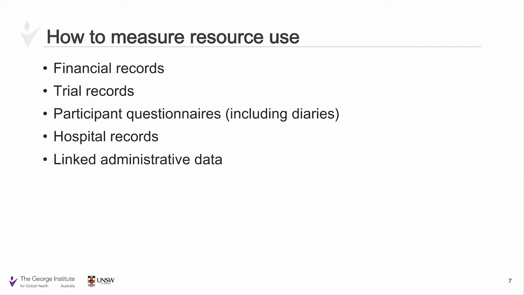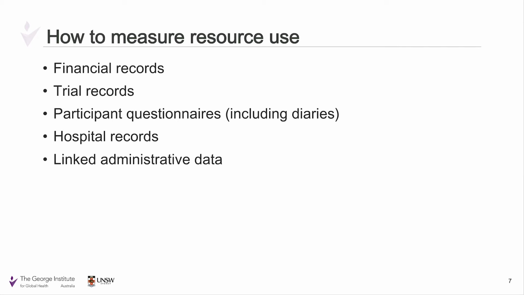Other ways in which we can record resource use is using hospital records. The advantage of that, of course, is that it doesn't rely on patients or participants to remember their utilisations.